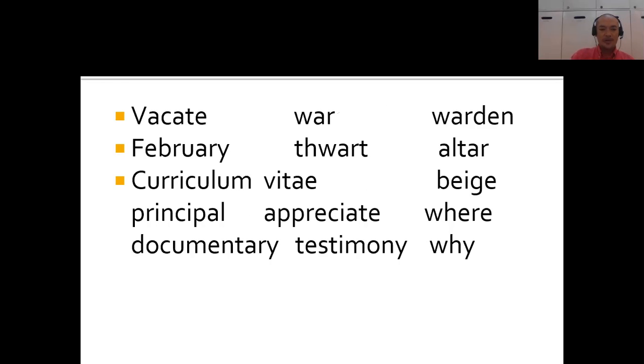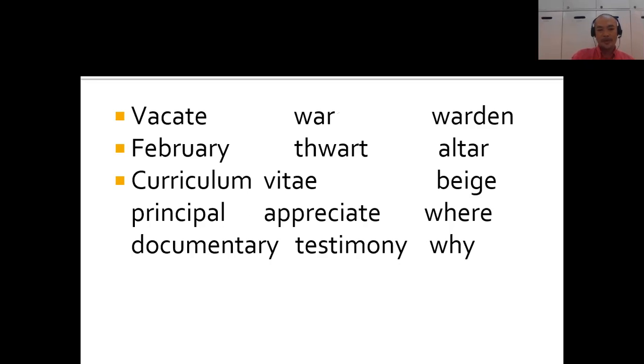And finally, we have this word. It's acceptable to say vacate or vacate. So it's always vacate, vacation.